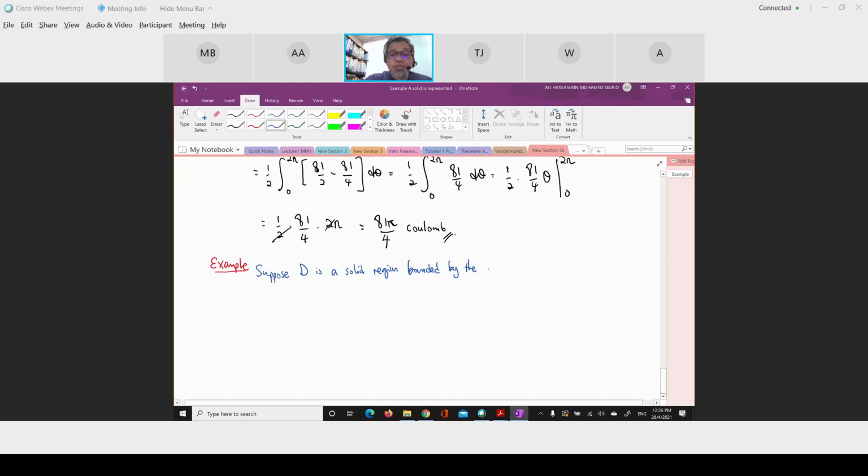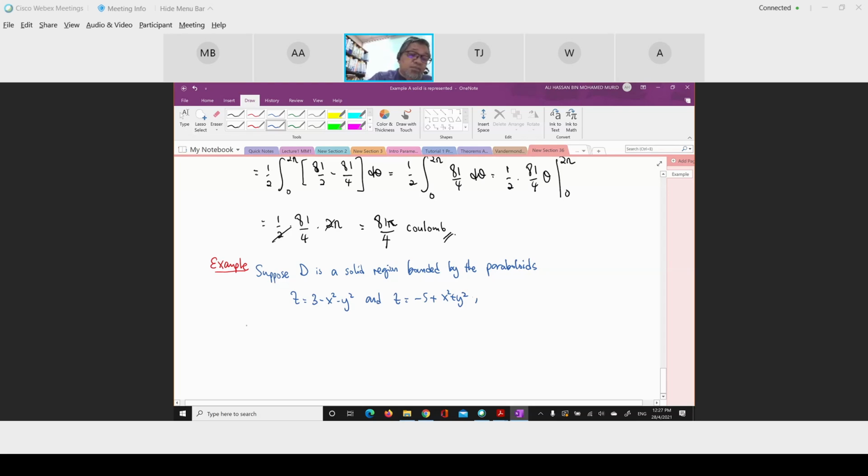by the paraboloids z equal to 3 minus x squared minus y squared, and z equal to another paraboloid, the second paraboloid, minus 5 plus x squared plus y squared.